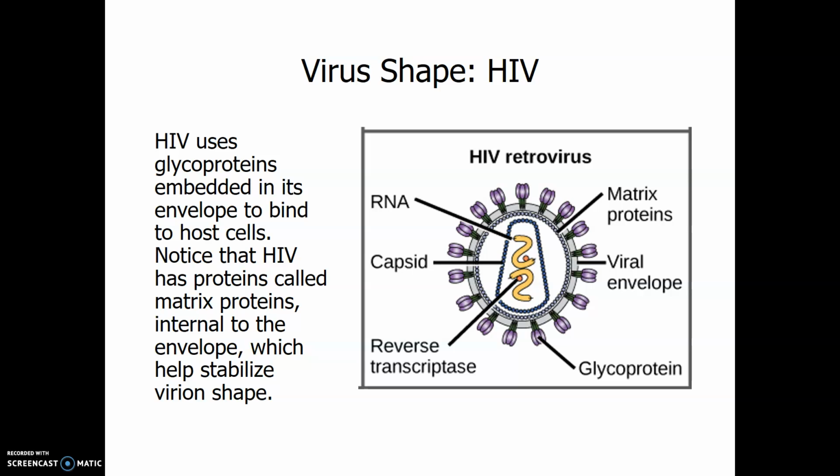And HIV, of course, human immunodeficiency virus, which causes AIDS, acquired immune deficiency syndrome, is a retrovirus. And its structure is what we're studying here. Retrovirus means that it has RNA, which is converted to DNA with the enzyme reverse transcriptase.